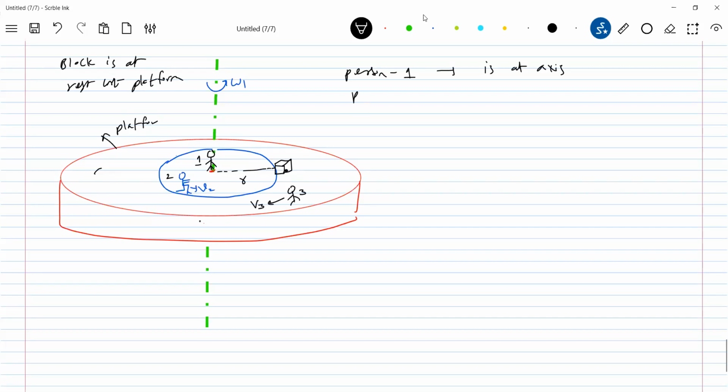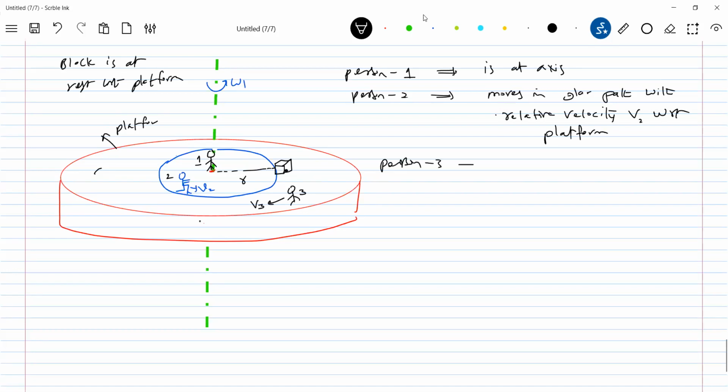Person 2 moves in a circular path with a relative velocity v2 with respect to the platform. Next, person 3 moves in a circular path, or any random path if you want, with relative velocity v3 with respect to the platform.